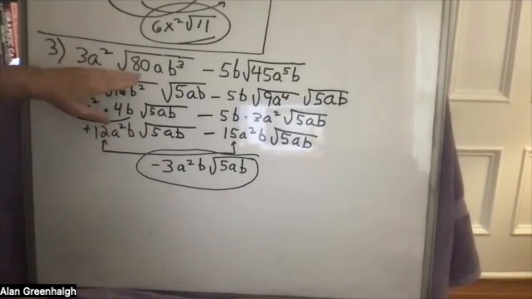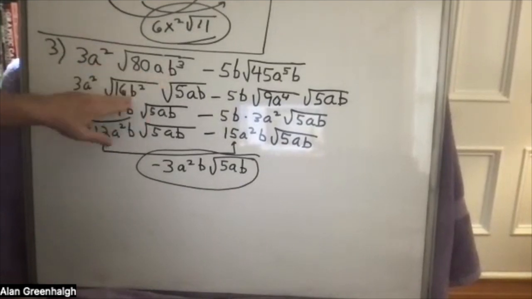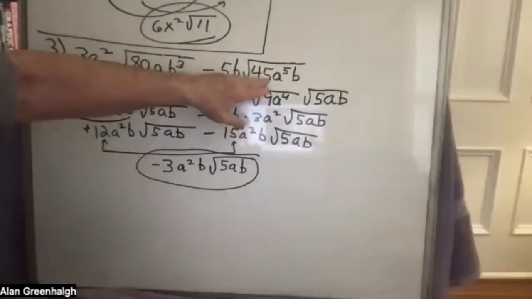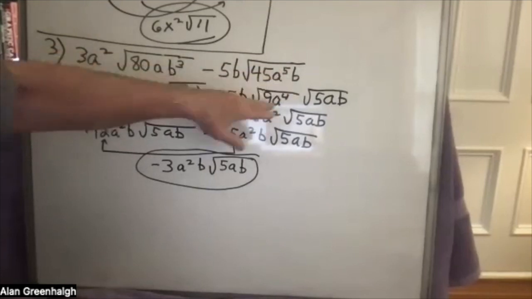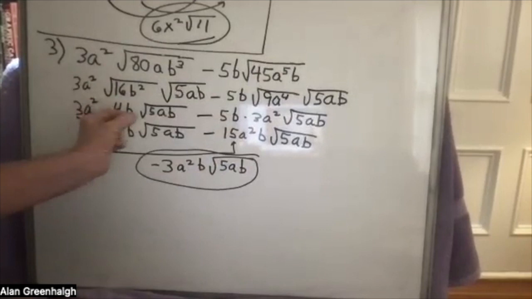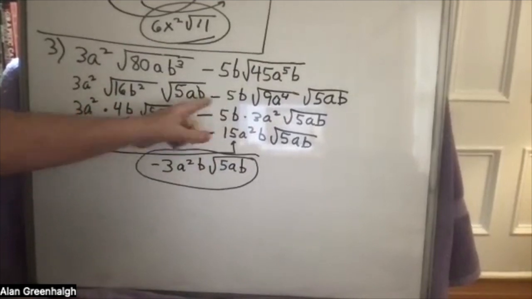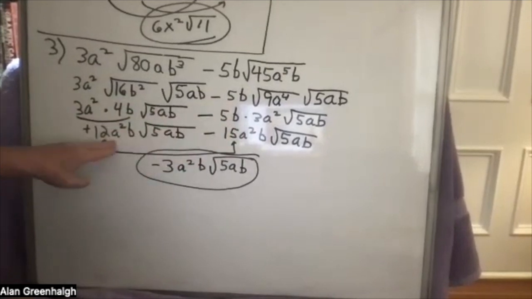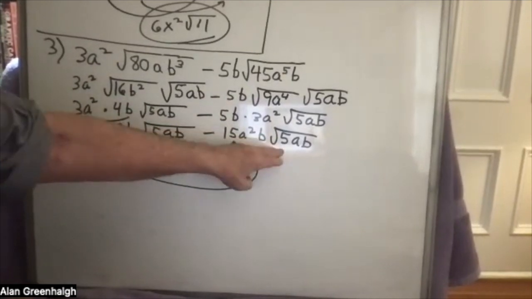All I did was say, let me simplify this. And I did it over here, and I wound up with this. And I simplified 45a to the fifth b. I did all that, and then I put them together. And as I was putting them together, I began to realize that these two could be combined.